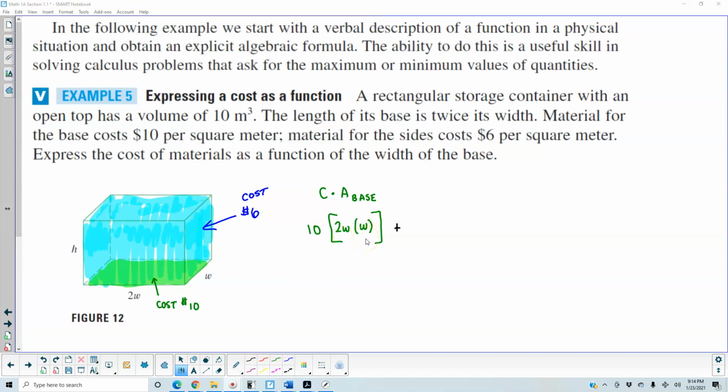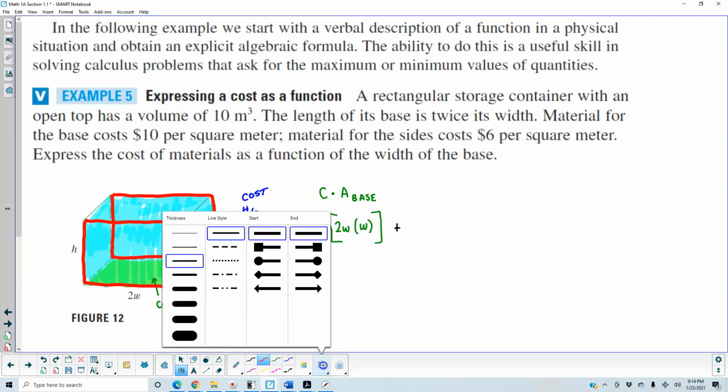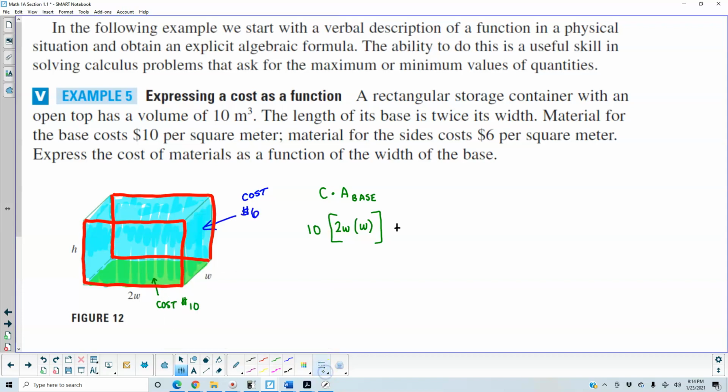Now we want to find the area of the two faces of the box, which are sides. Here is one side, which is the face of the box container, and then this is the second one. So we have two of them, a total of 2.